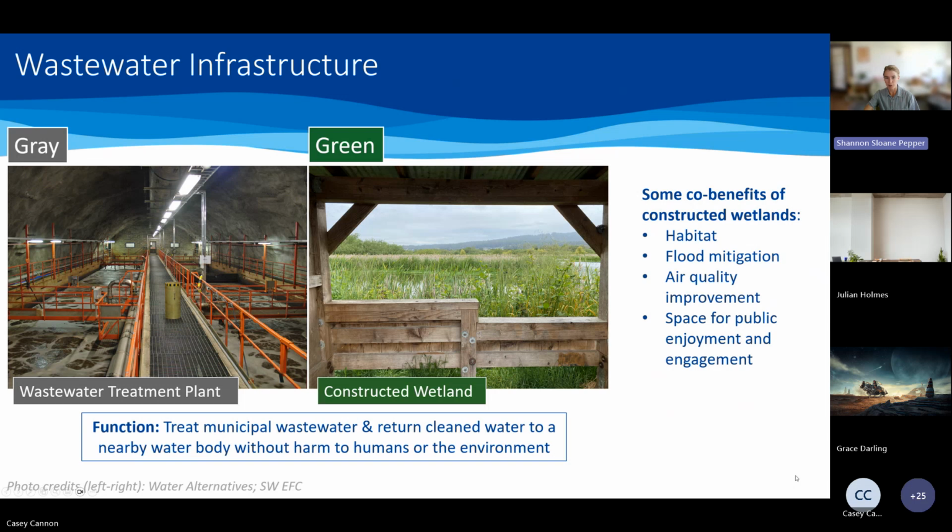And here's an example more related to wastewater infrastructure. On the left, we have a typical wastewater treatment plant. On the right is a constructed wetland, in a photo from the city of Arcata, California. Arcata has a population of about 10,000 and treats all its municipal wastewater in a combined treatment plant and wetland complex.